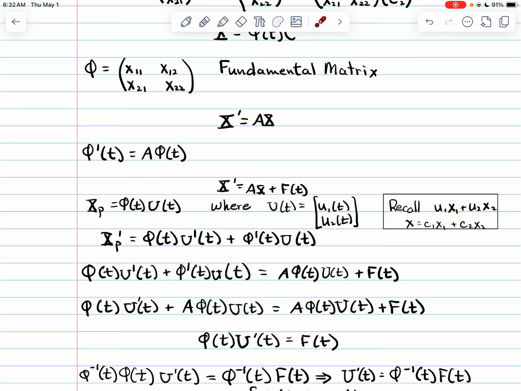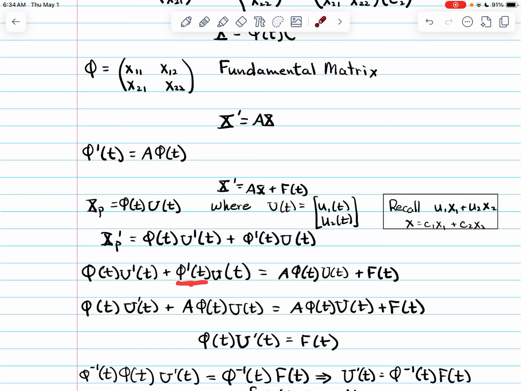So all I've done is I've just said, okay, let's speculate that this is the form of the particular solution, and then let's plug in and see if we can solve for this U, this capital U. Okay, now, if I do that, let's see what I've got here and see if we can make some substitutions. Now, remember, phi prime of t equals A phi of t. Now, dig this. Here is phi prime of t.